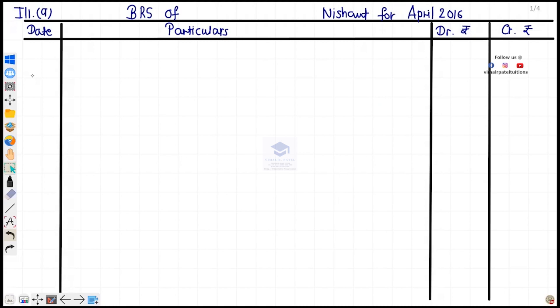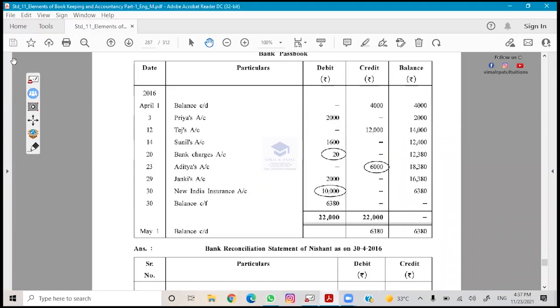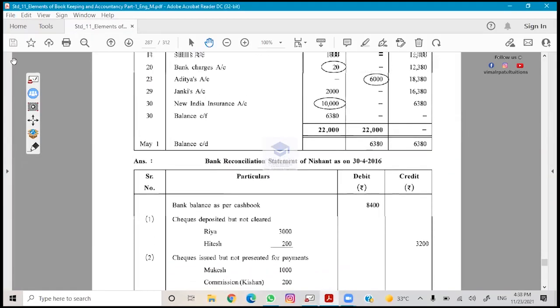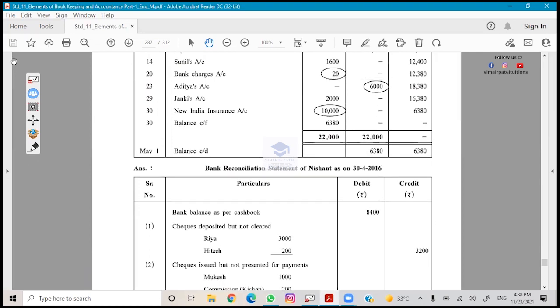See, bank balance as per cash book, debit balance, and here it is credit balance 6380 in passbook.